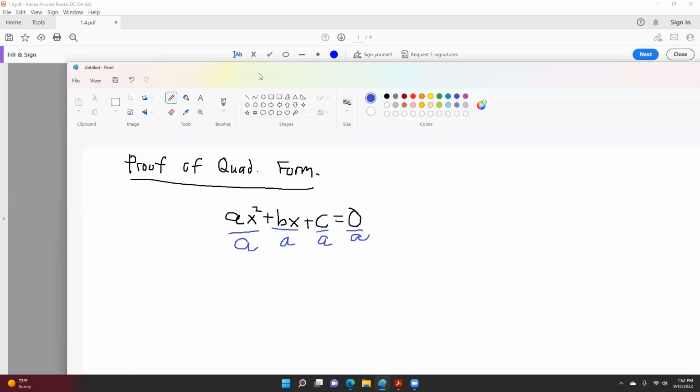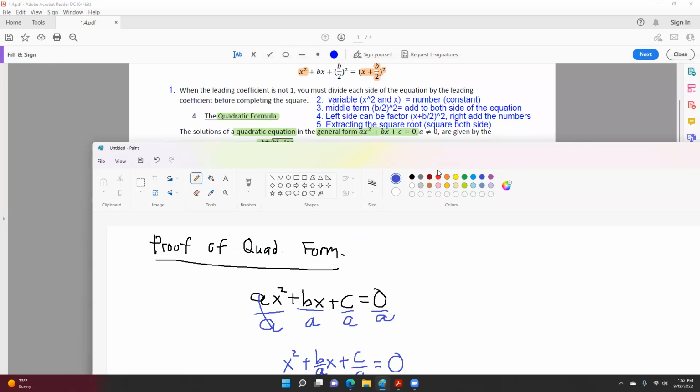Your a is cancelled, now it's 1, but don't forget we have b over a times x, and we get c over a. They all become fractions here. 0 over anything is still 0, so 0 over a is 0. This is your first step, where you make your leading coefficient 1.